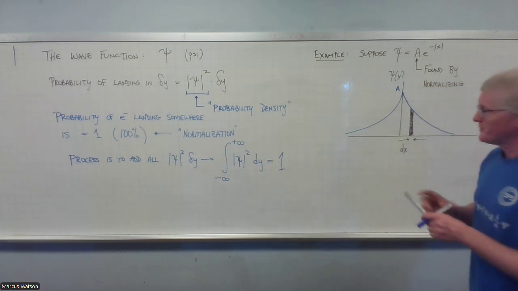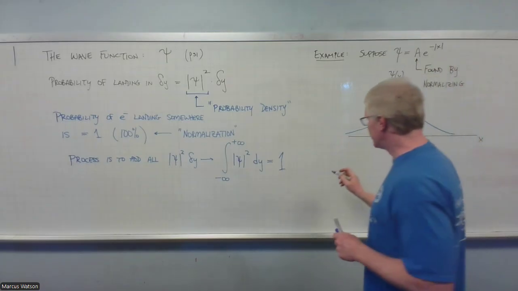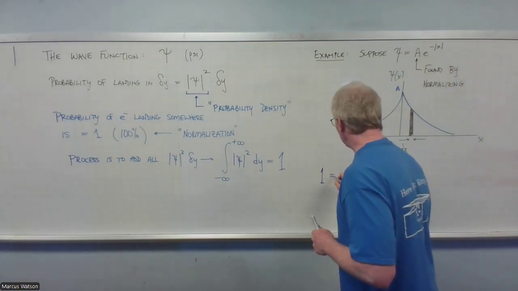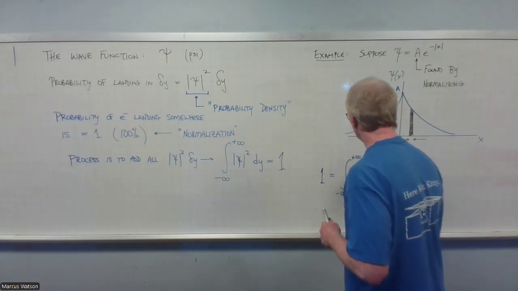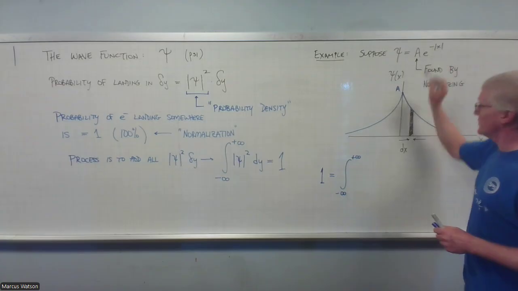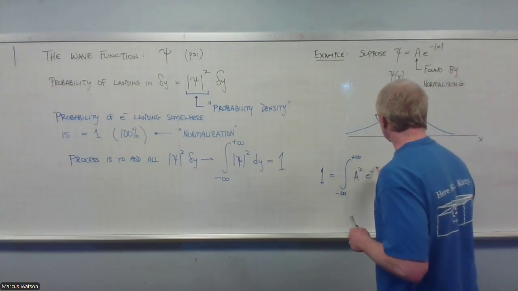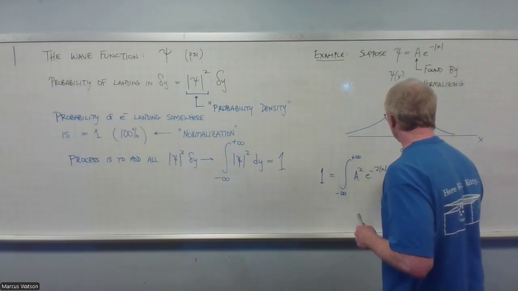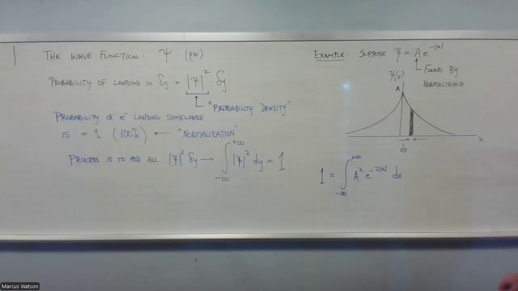In other words, I take this wave function and I say, okay, 1 is equal to the integral from minus infinity to plus infinity of psi squared, which is a squared times e to the minus 2x, and I'm going to integrate that dx, like so.